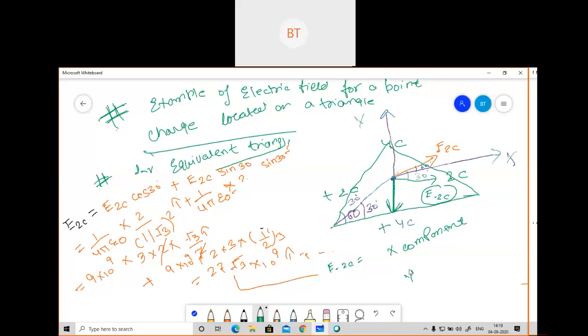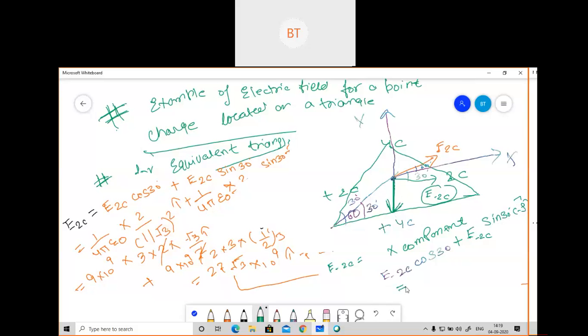So if I want to write for minus 2C, I'll write the equation here. E minus 2C cos 30 degree i cap, plus E minus 2C sine 30, minus j cap, because it is in the downward direction, so I put minus here.